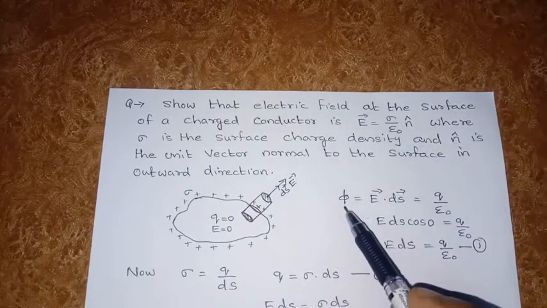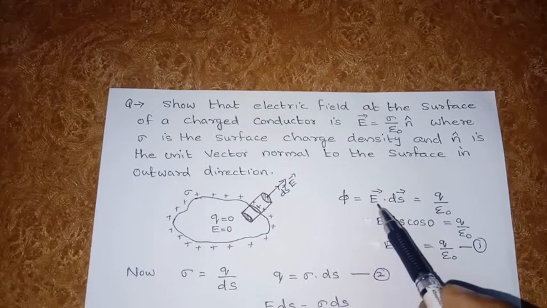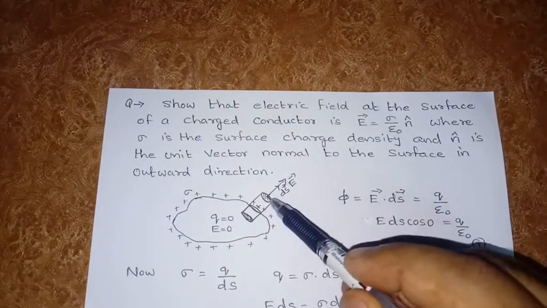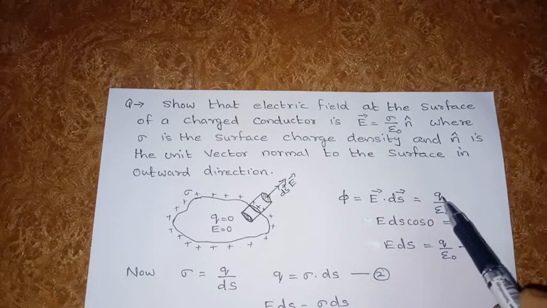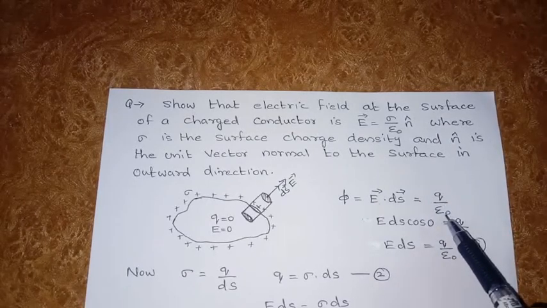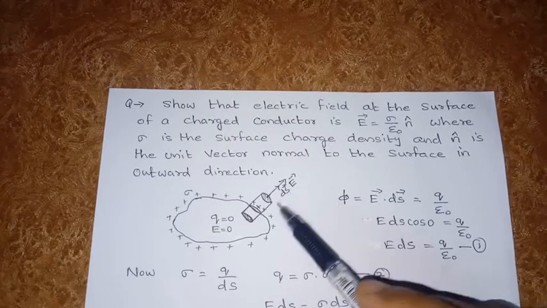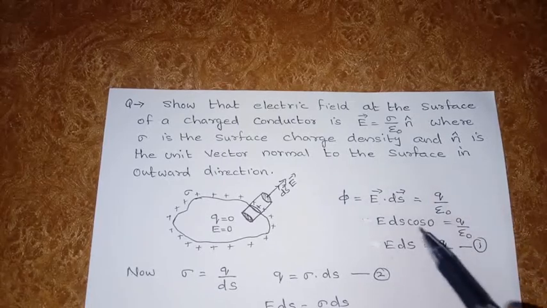So the total flux passing through the Gaussian surface will be phi is equal to E dot ds, where E is the electric field and ds is the area vector. That will be equal to Q by epsilon 0 according to Gauss's theorem. Here the electric field and area vector are parallel to each other, therefore theta is equal to 0.